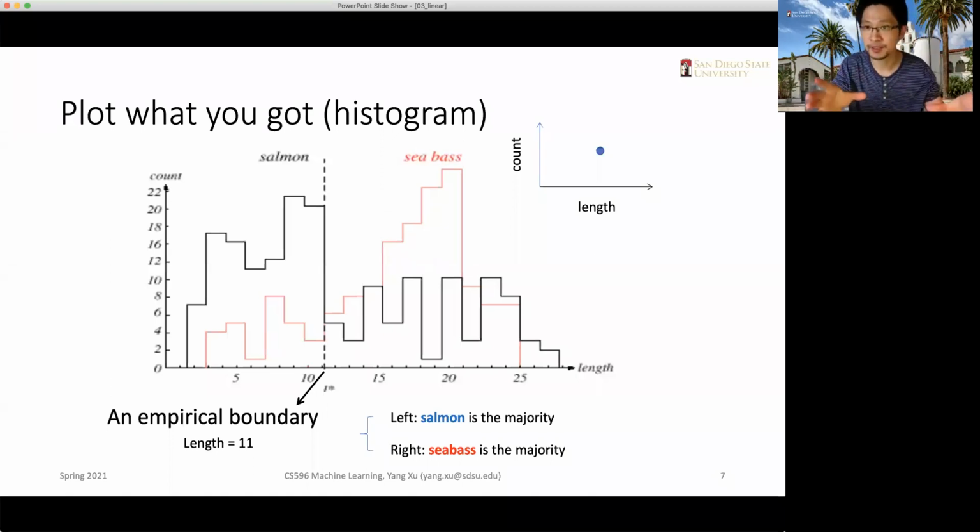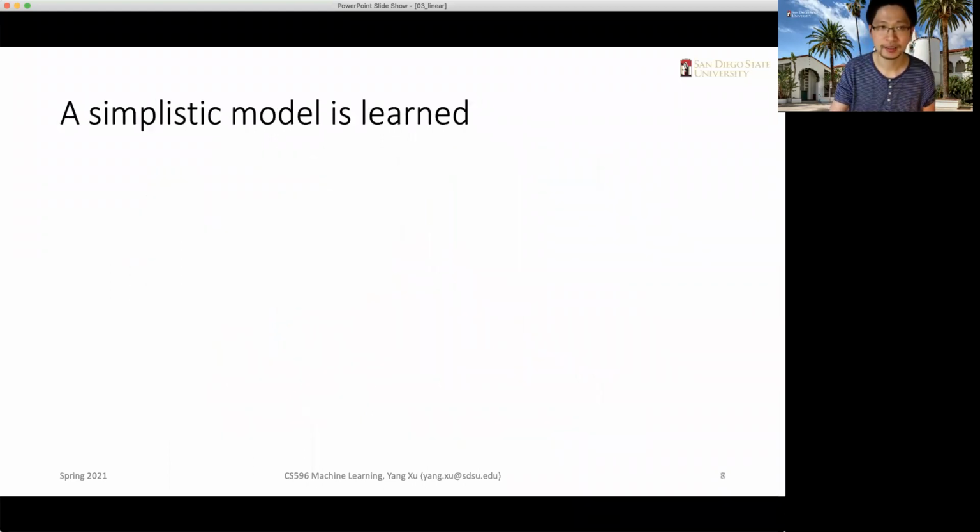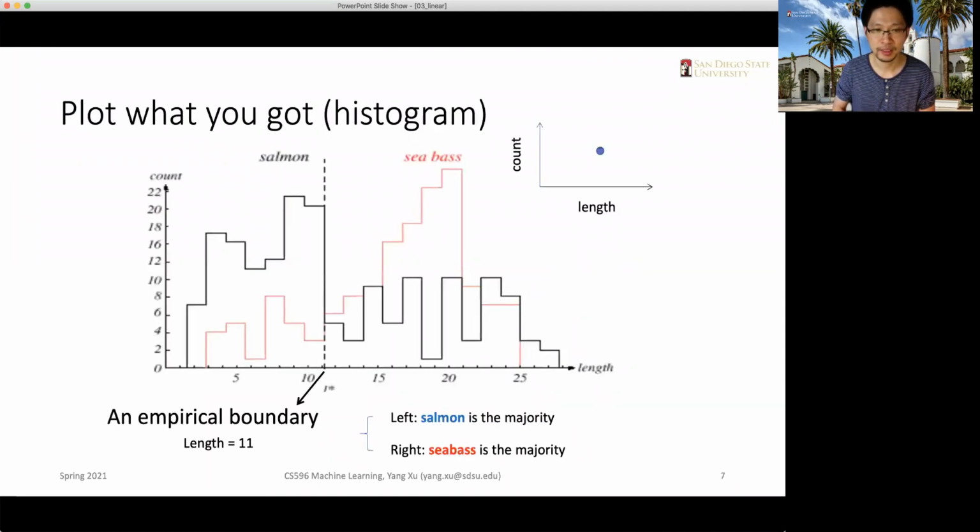Purely based on this very simple model, we can say that as long as a fish is less than 11 inches long, then it's probably a salmon, right? And if it's longer than 11 inches, then it's probably a sea bass.